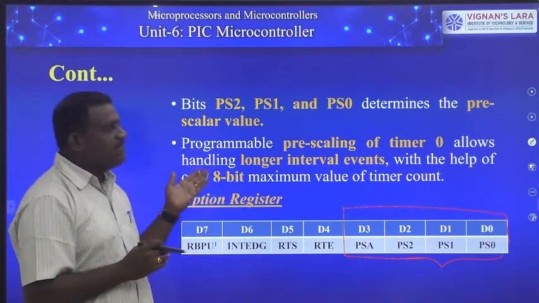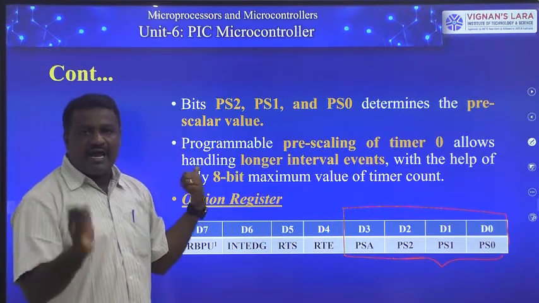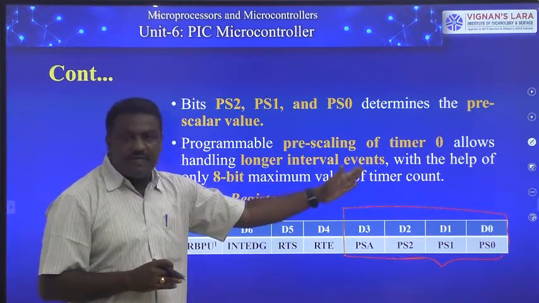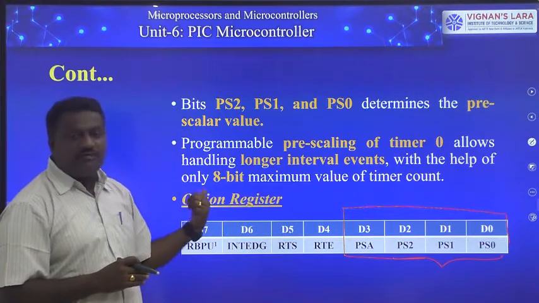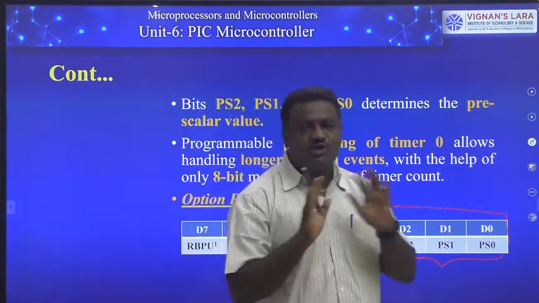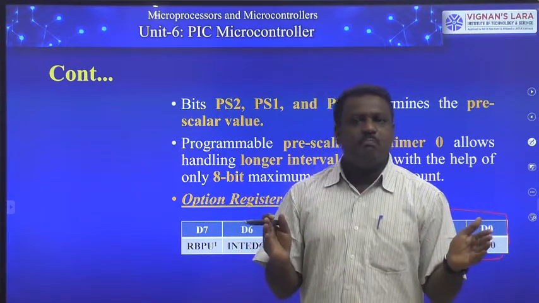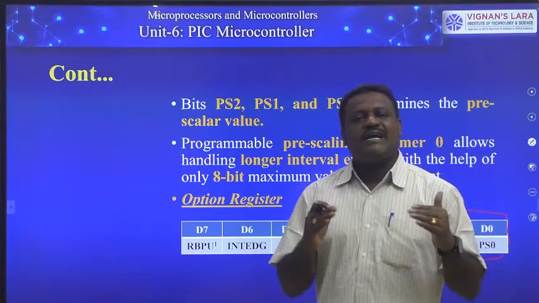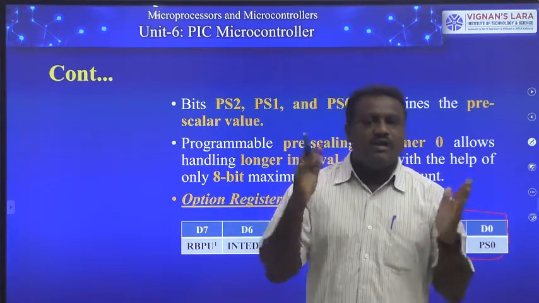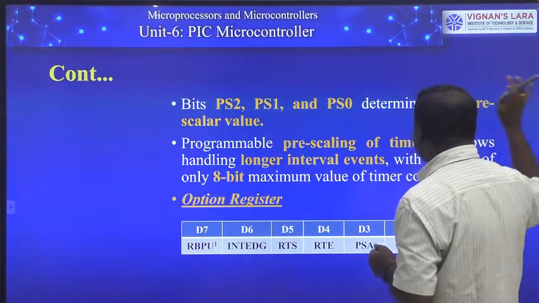I won't change the count value present in the timer. It is 8-bit only, but in order to raise longer time delays, I take the help of this prescaling factor.